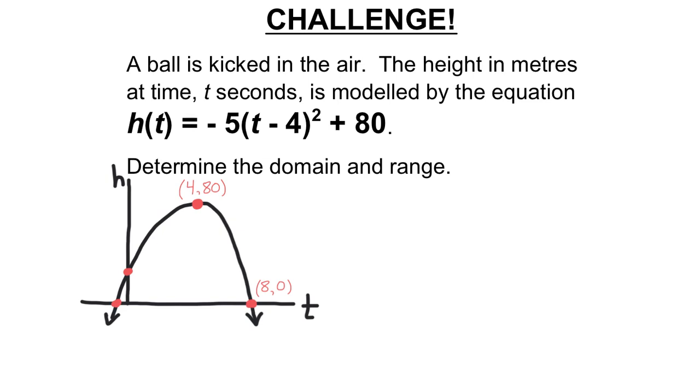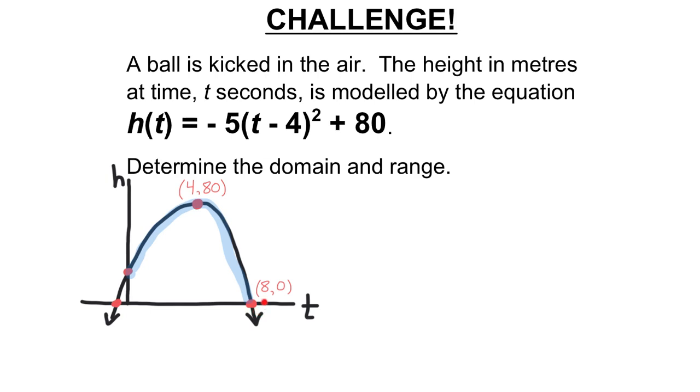That's time. Well, time can be any number, but what actually makes sense? The function actually only makes sense here to here. So anything outside of that doesn't really make sense, because over here, time is negative. That's before the ball was kicked. That doesn't make sense.